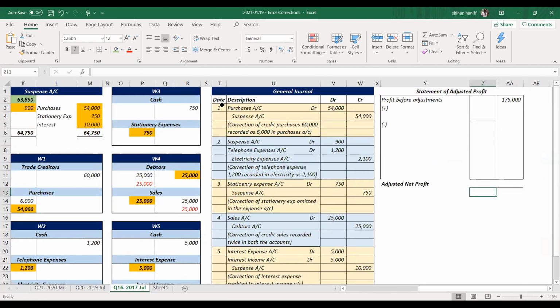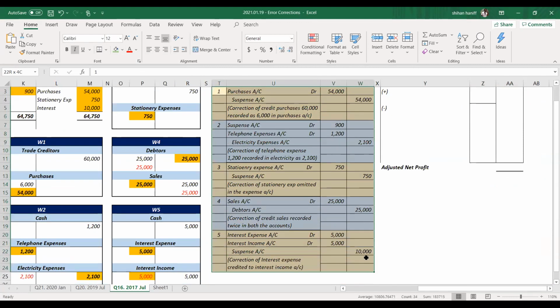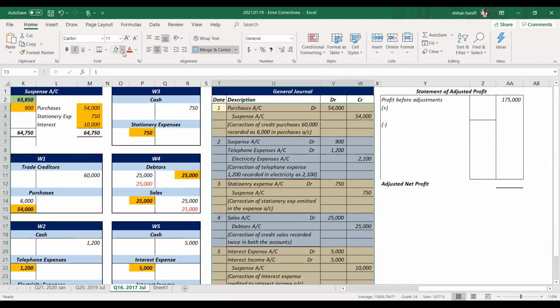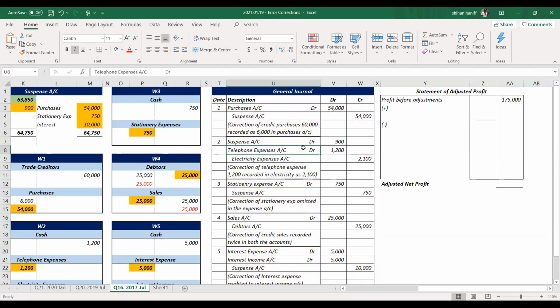Right. So first we'll identify the income and expenses from the general journal. Purchases, telephone expense, electricity expense, stationery expense, sales, interest expense, interest income.